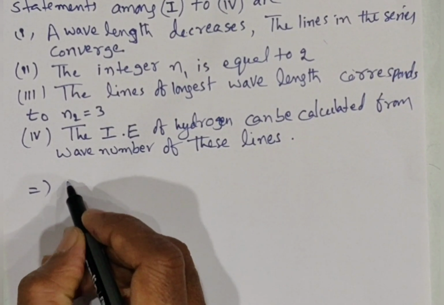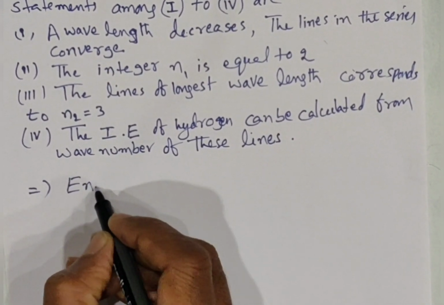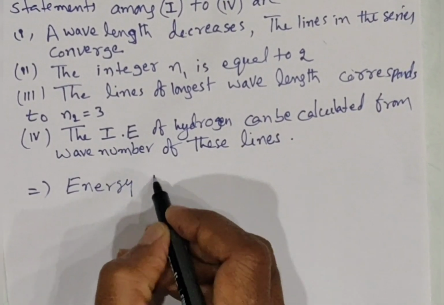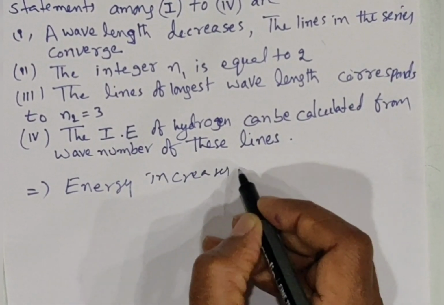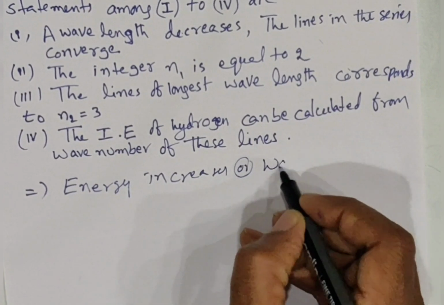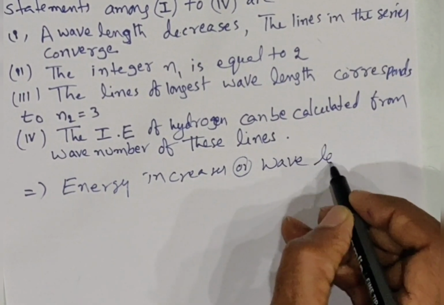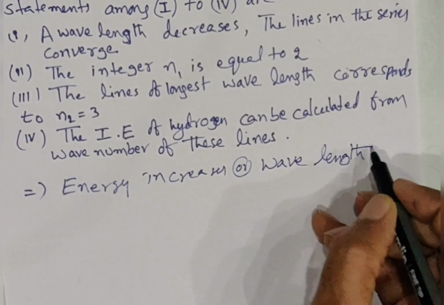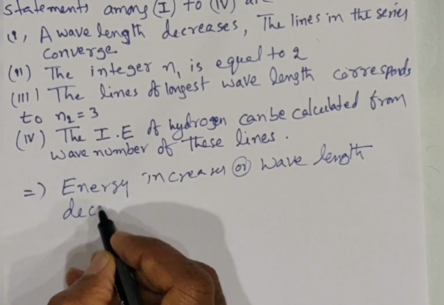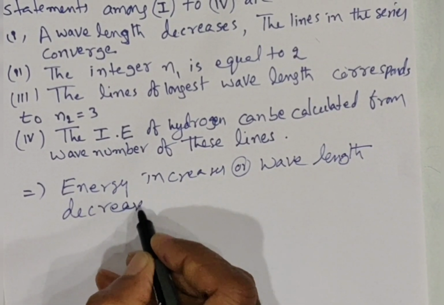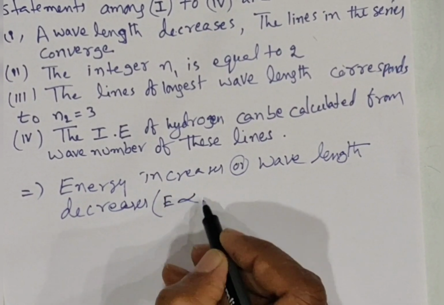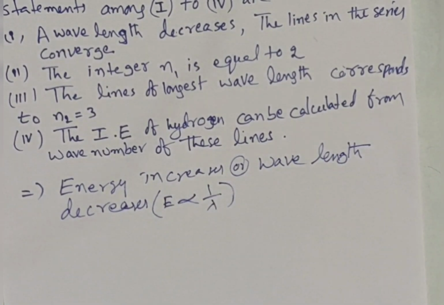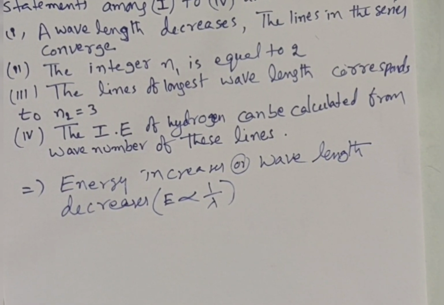First one, energy increases or wavelength decreases. That means energy and wavelength are inversely proportional. If energy is more, wavelength is less.